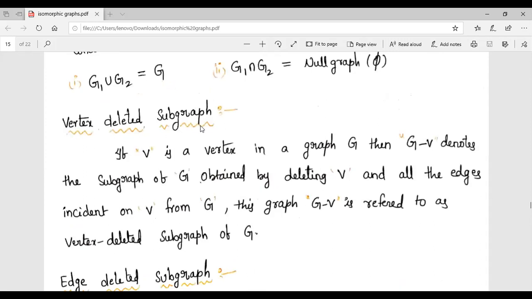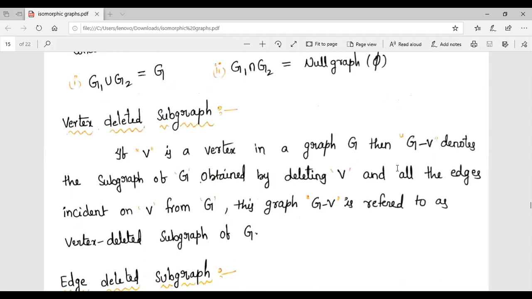Vertex deleted subgraph. If v is a vertex in a graph G, then G minus v, where v represents a vertex, is the vertex deleted graph, denoted by G minus v.